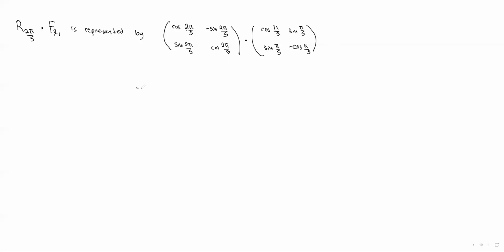So now I just multiply it out. I'll get cosine 2 pi over 5 times cosine pi over 5 minus sine 2 pi over 5 sine pi over 5. That was all just for the first entry. Second entry will be this. This is the third entry.